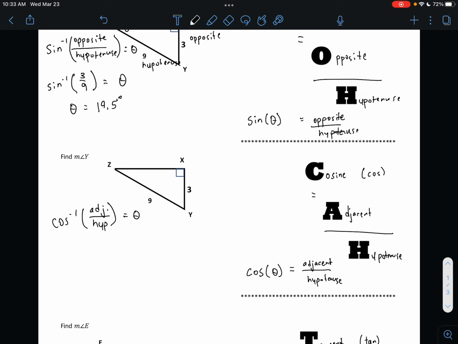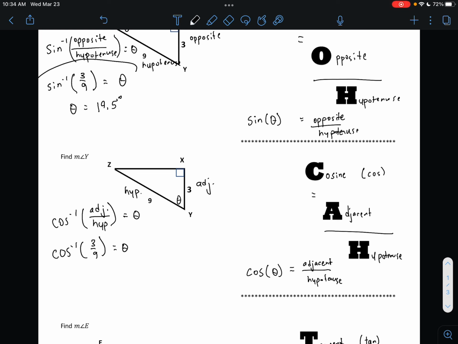And this tells me to find the measure of angle y. That's my theta. So I know that my adjacent is 3. And my hypotenuse is 9. So I can plug that in the calculator. The inverse cosine of 3 over 9 equals theta.